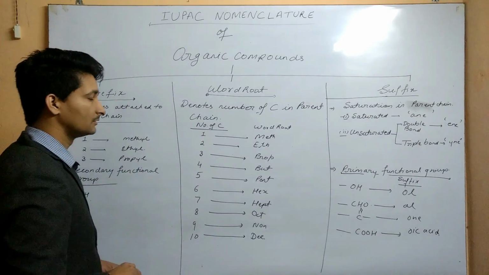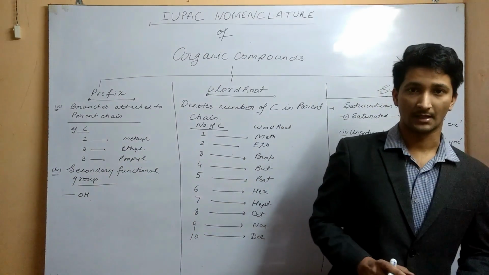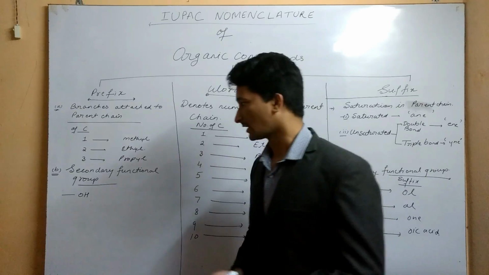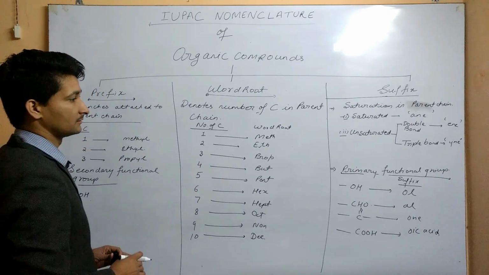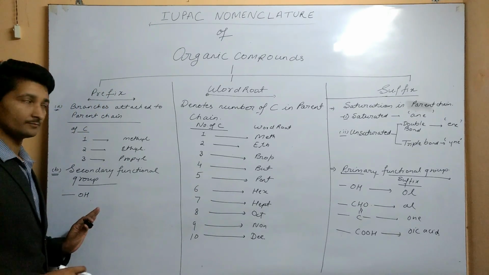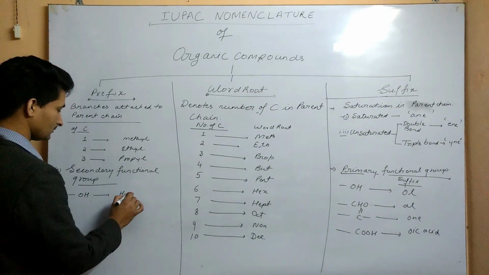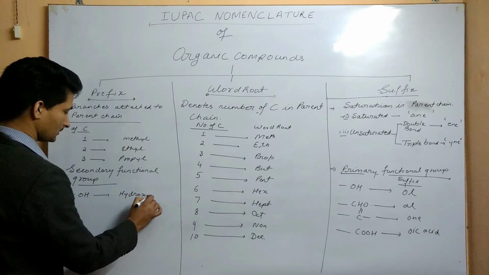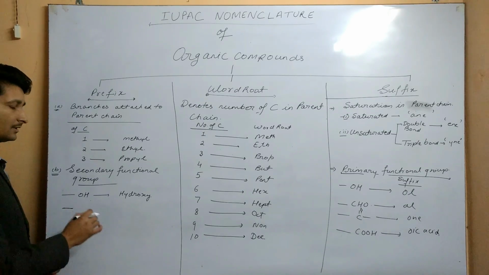If a functional group has to be mentioned in either prefix or suffix, then its name changes. For example, if OH has to be mentioned in the suffix, then the suffix becomes ol. But if OH has to be mentioned in the prefix, then the prefix becomes hydroxy. Okay.